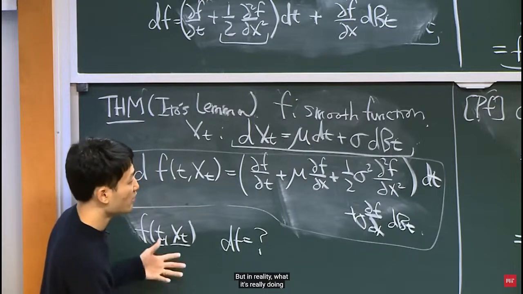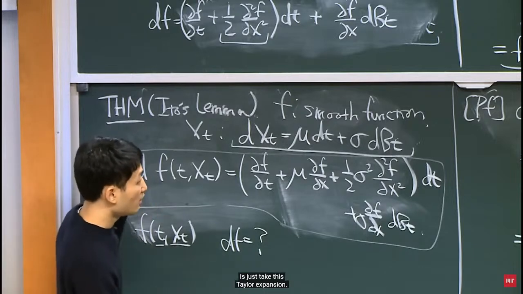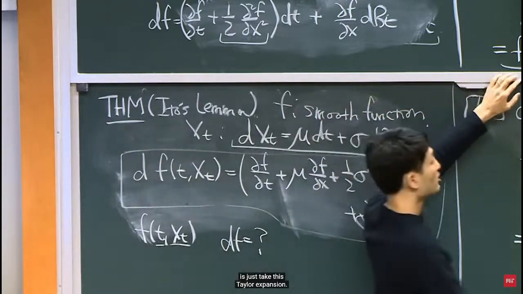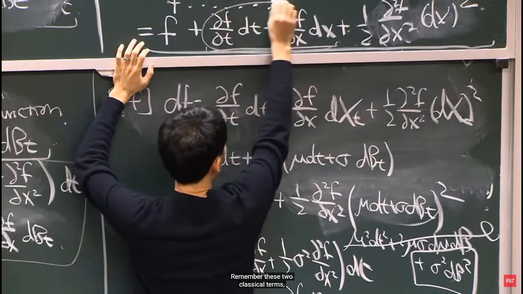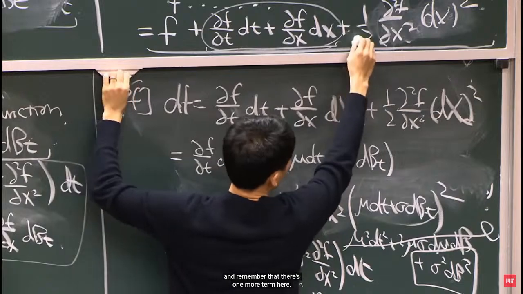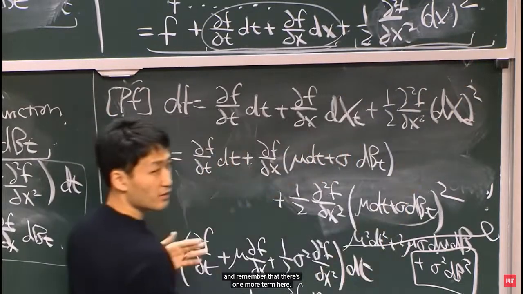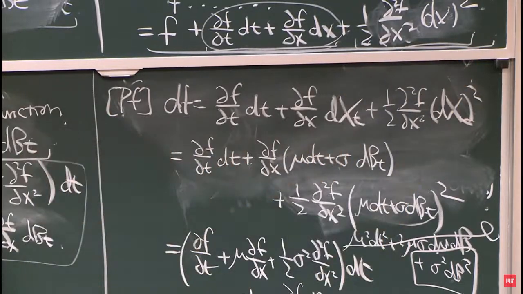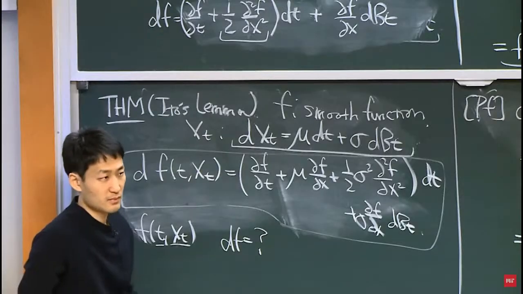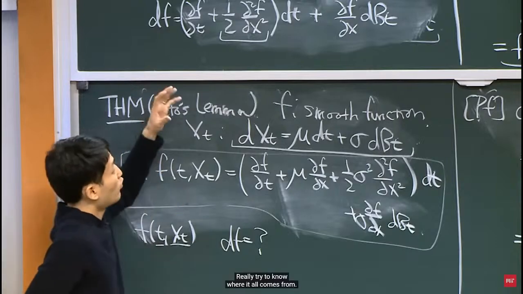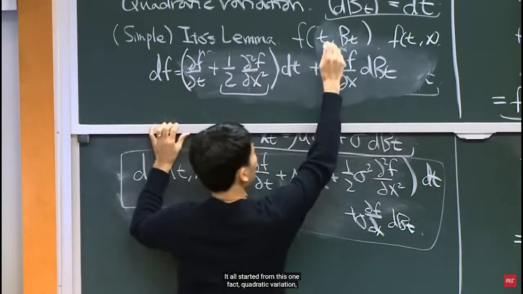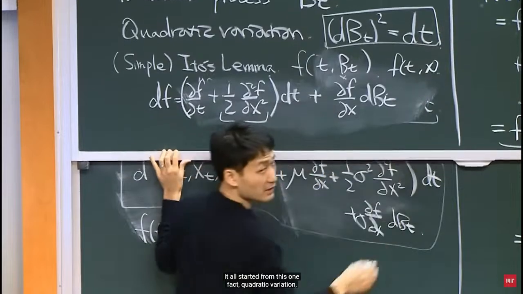But in reality, what it's really doing is just taking this Taylor expansion, remembering these two classical terms, and remembering that there's one more term here. You can derive it if you want to. But really try to know where it all comes from. It all started from this one fact, quadratic variation.